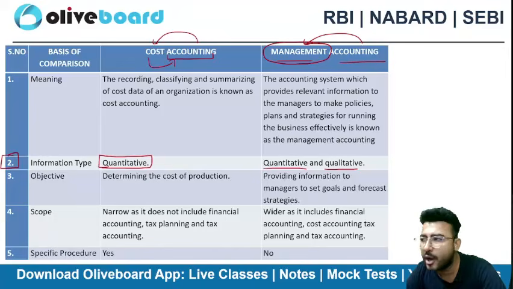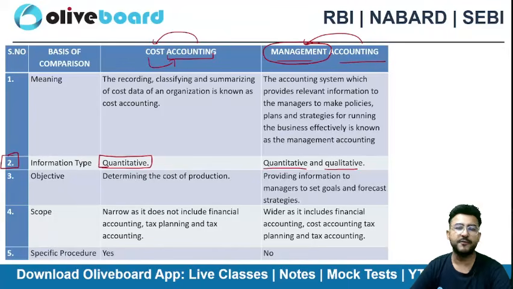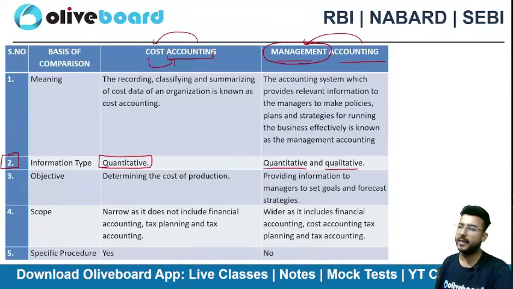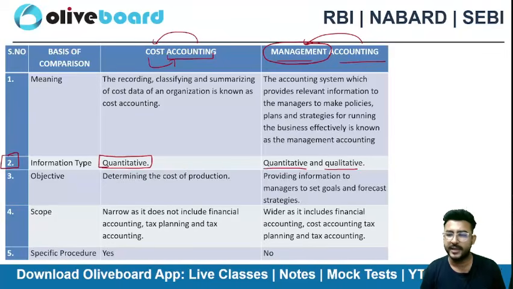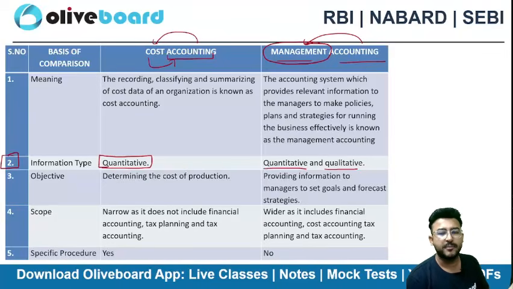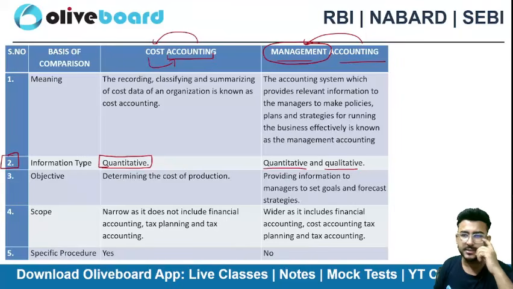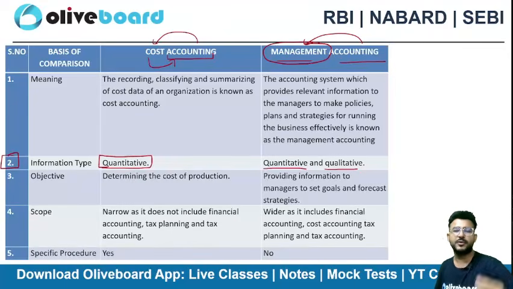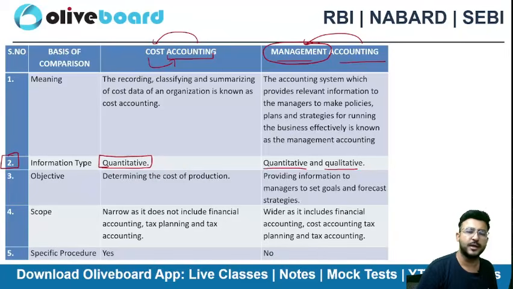Even if it is a non-financial data, even if it is a non-cost related data, still I can record it for management accounting, because the whole idea is it should enable to make better decisions for the managers, right? Ultimately the whole idea is we should be capable enough to make the decisions for the managers. So anything we can include in management accounting, there is no restriction.